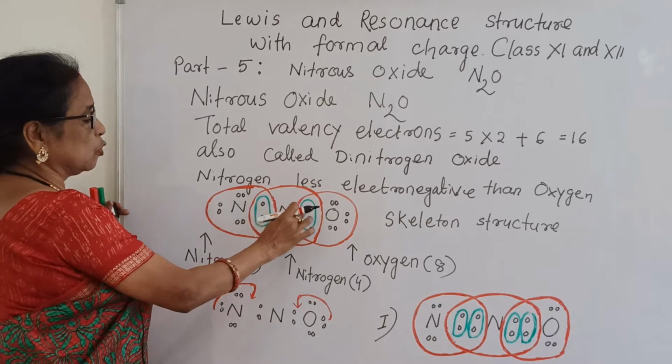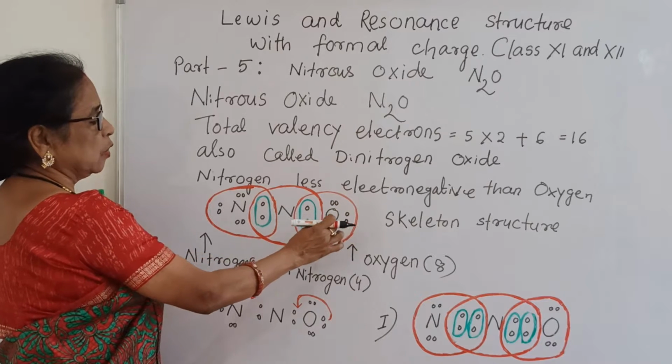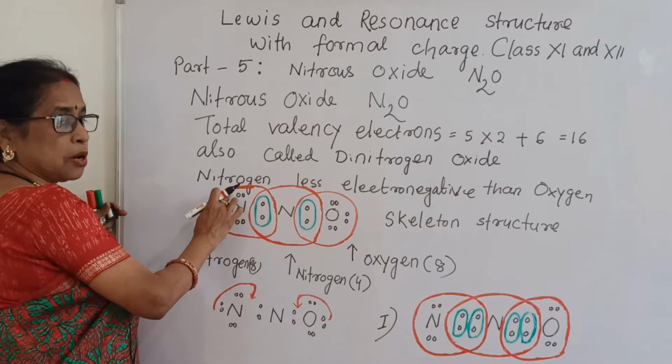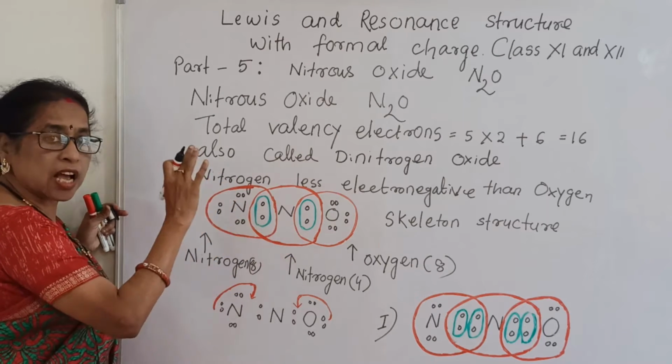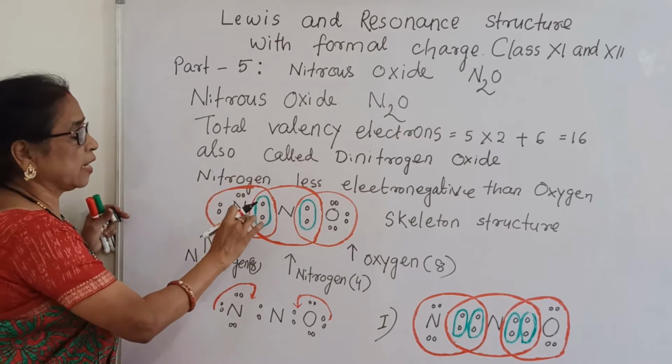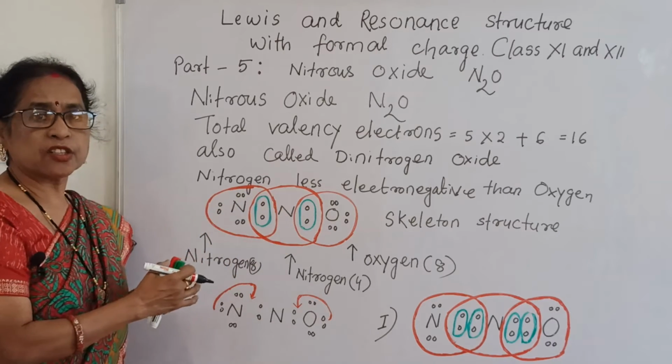And after that it is 2 plus 2 is 4, and here 6, 8, 10, 12, 14, 16. That means 16 electrons are present in N2O, nitrous oxide. This is known as the skeleton structure.